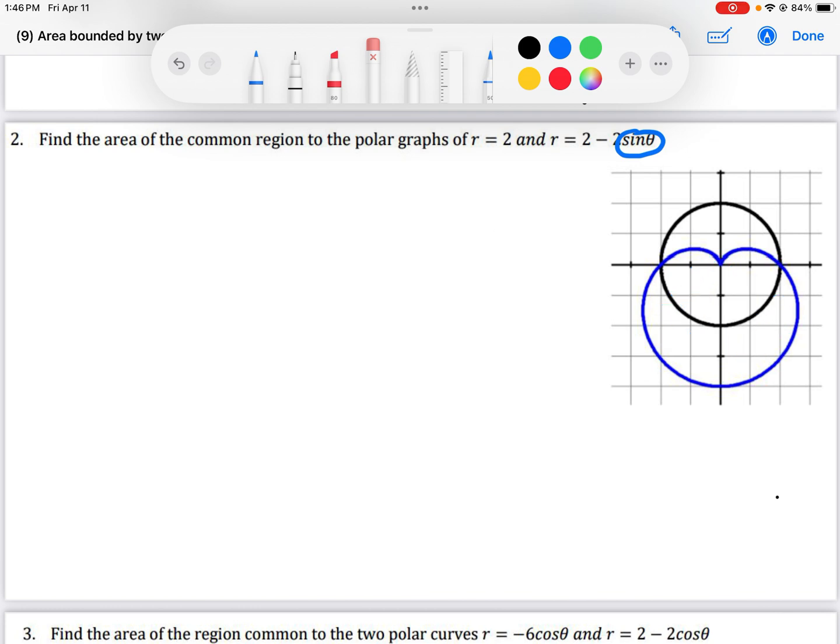What we want to find in this problem is the area in common. The first part you have to figure out is where they overlap. They overlap in this weird looking, kissy lips kind of shape, right?